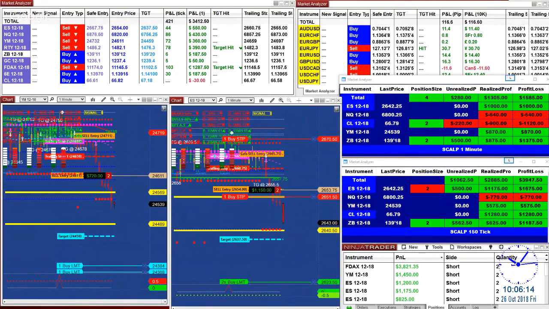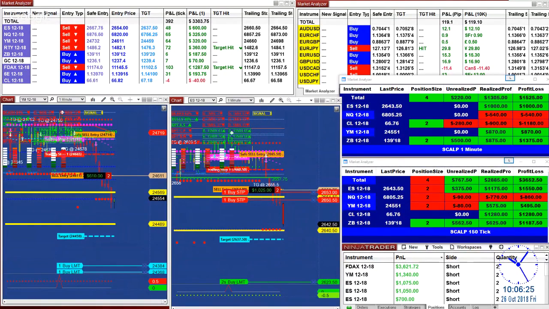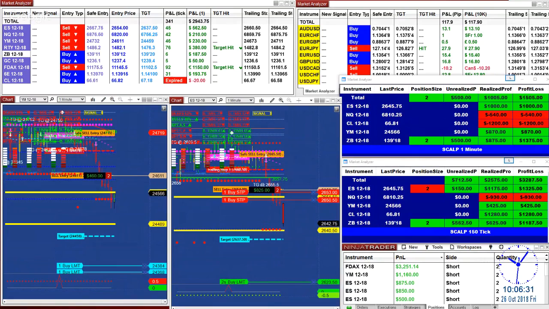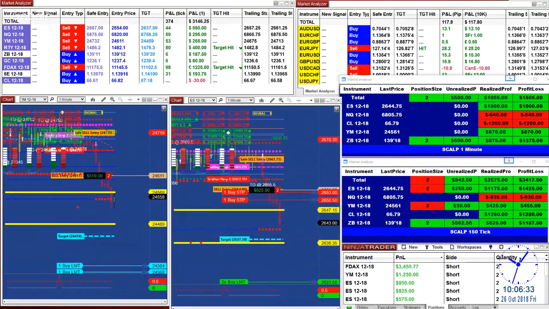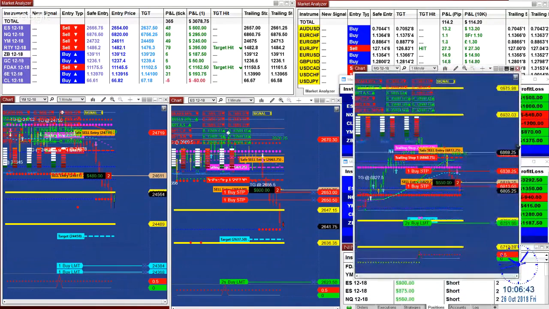Also, we have the Nasdaq. We have the Nasdaq also at 530.